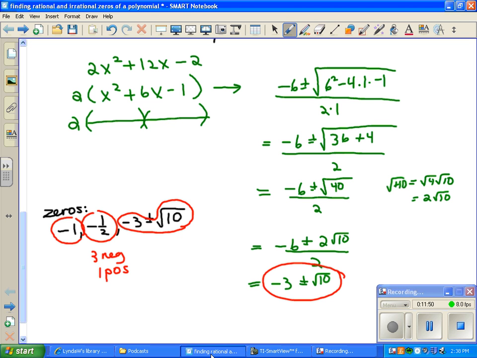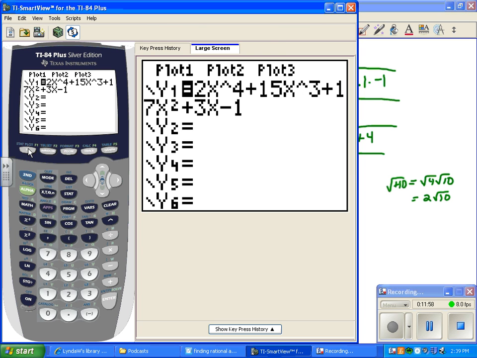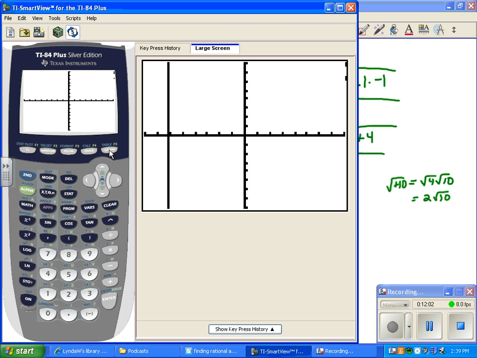So Descartes was right. Now, one thing that the graphing calculator can help you do here, to save a little bit of time, you could type the function into the y1 and then graph the equation. And I like to do this on problems where there are a lot of possible rational zeros and I just want to save time.